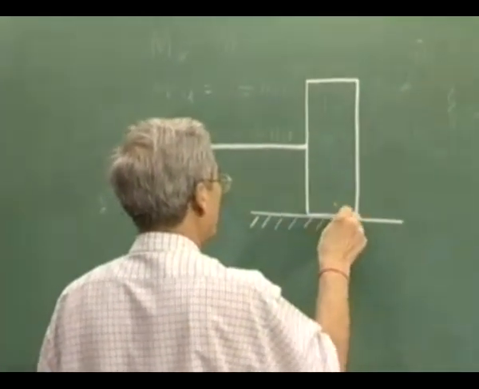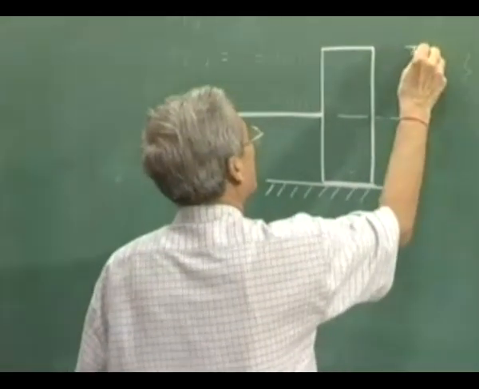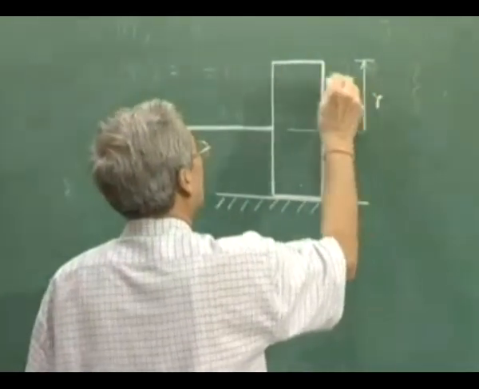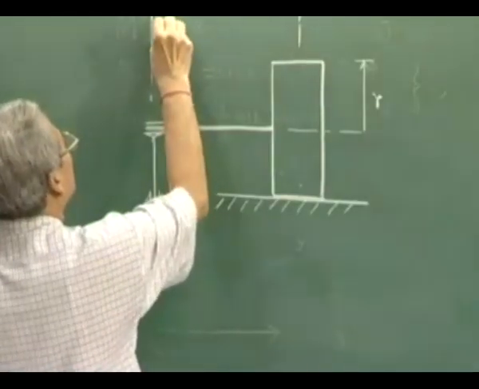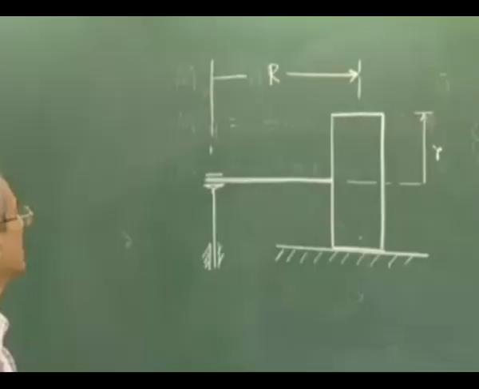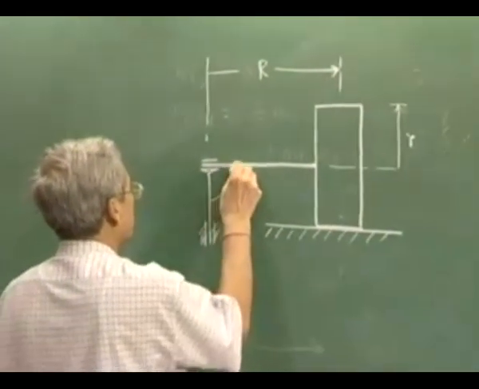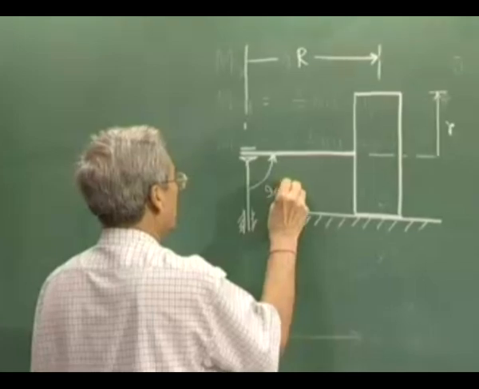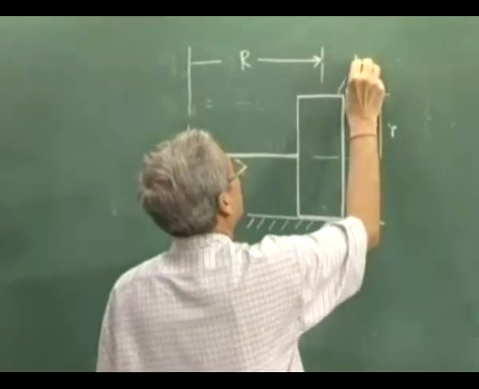It's a simple configuration I am taking, where the radius of the crusher is r, the distance of the median of the crushing disc is capital R, and in this particular case let this be 90 degrees. Let the mass of this crusher be m.